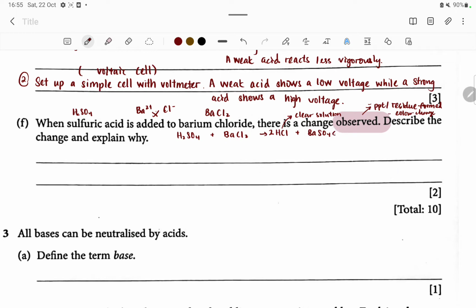Barium sulfate, BaSO4, is actually white in color, a white solid. So for solid, it will form as precipitate or residue. So we can write formation of white precipitate.